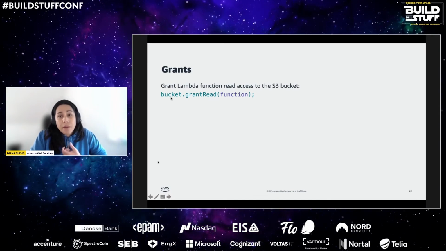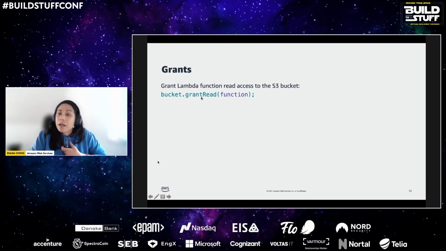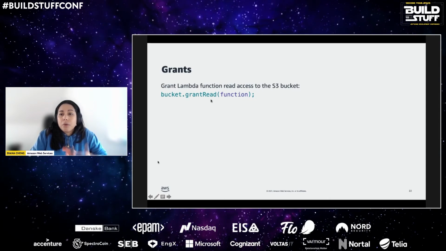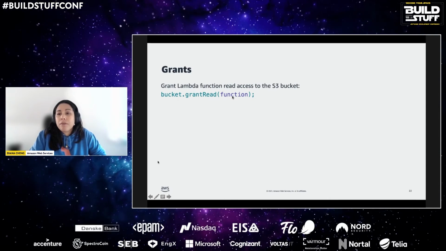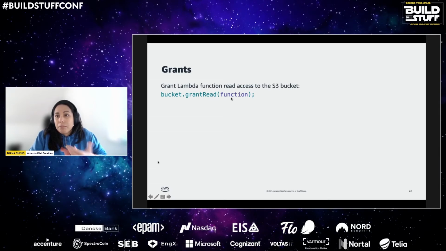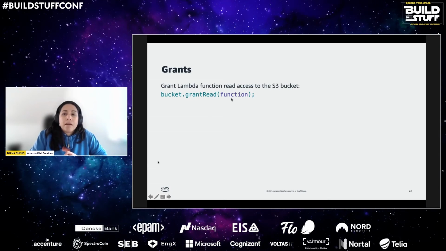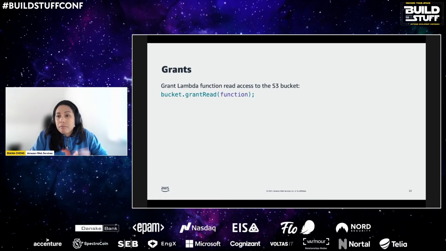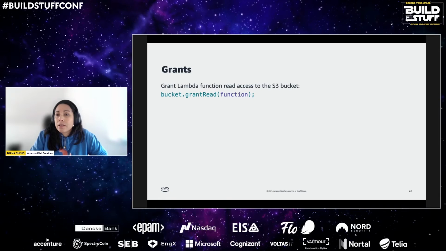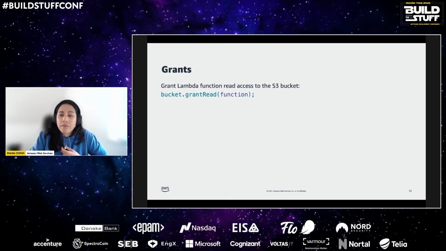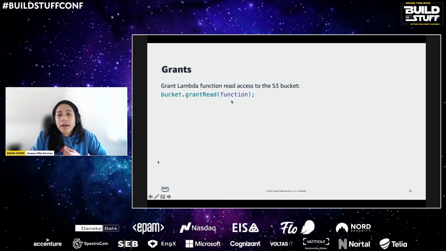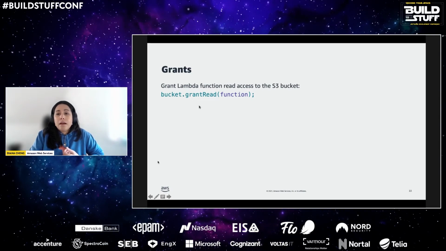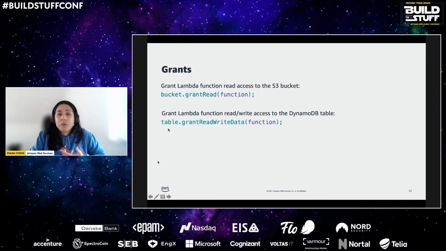If we look at an S3 bucket and we want to grant read permissions to a bucket, for example, to a Lambda function, we simply invoke the grant read method and pass the Lambda function as the principal that will get that permission. The grant methods expect any object that implements the IGrantable interface. In Java, you'll have that interface available. And Lambda functions implement it, and that's why I can pass the Lambda function here. I could do the same, for example, with a DynamoDB table.